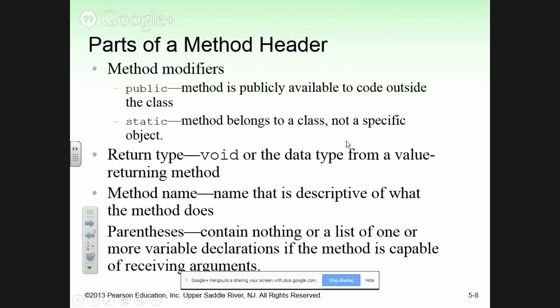So we can create a method that only belongs to one specific object, one instance of the class. We're not going to do that today, but that's what those keywords mean. Already talked about the return type of void, the name, and the parentheses.